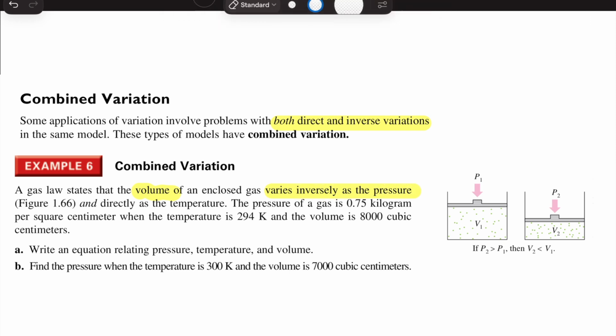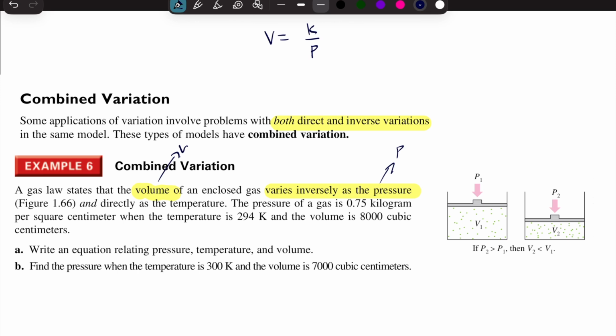So I'm just going to go straight to variable names here. We're going to call volume V. We're going to call pressure P. And right away, volume varies inversely as pressure means V equals K over P, right? Inverse is we divide by our independent variable.